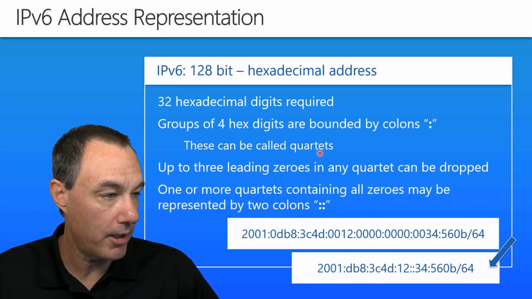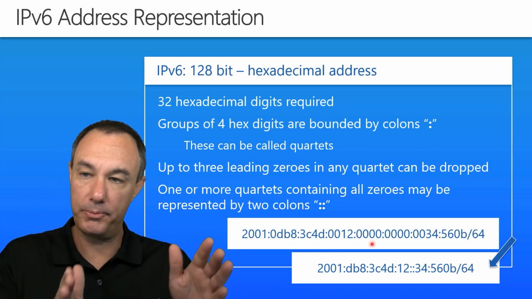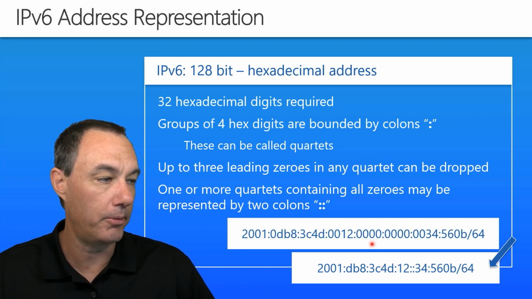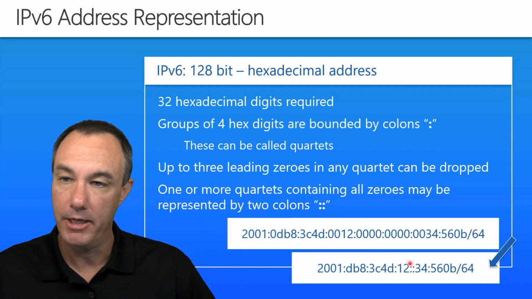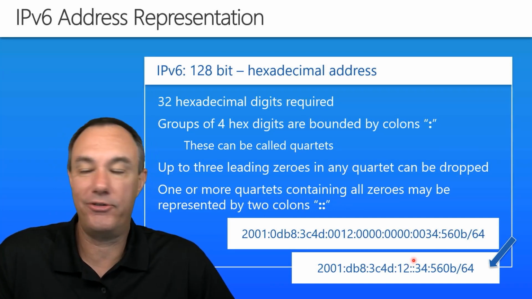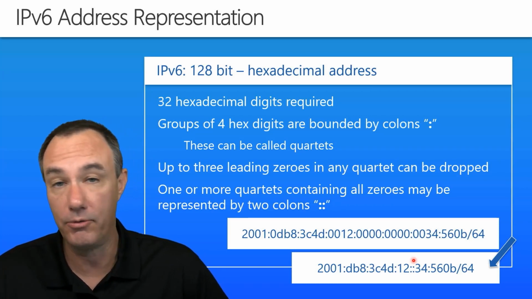So you drop off your leading zeros. And if you have a big group of multiple quartets, you can represent them once and only once with a double colon. The reason I'm saying this is so you don't get caught off guard. If it doesn't look like it's long enough, it's because you can drop off zeros.